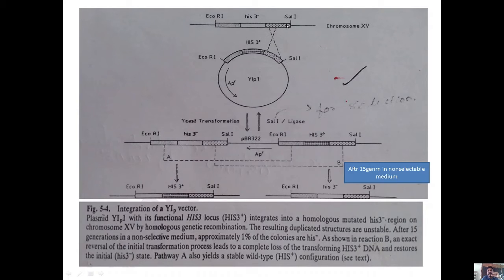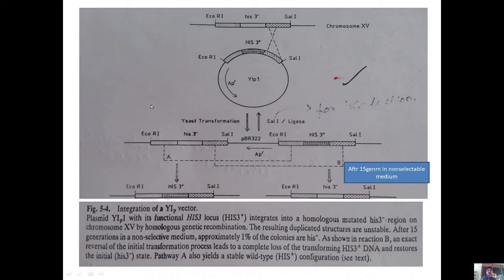That is, here it is the region up to SalI and the region up to EcoRI. See, his3 allele, the region up to EcoRI and the region up to SalI. See, this is chromosome number 15 of the yeast that bears a mutated his3 allele, and this is the YIp1 vector. You have constructed it to introduce a functional his3 plus allele into yeast chromosome number 15.